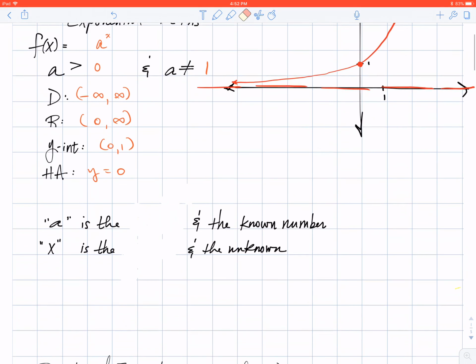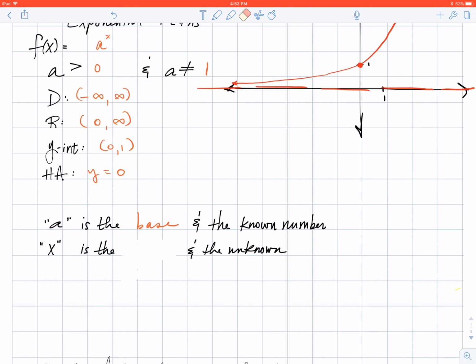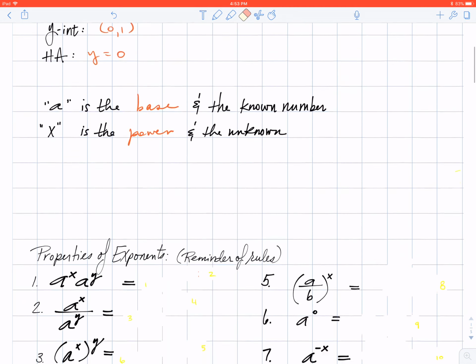That a in our equation is going to be the base, and this is the number that we're actually going to know. So what you're going to be seeing as you graph these are things like y equals 10 to the x power, or y equals 2 to the x power. You're always going to know what that a value is. But the x is going to be the exponent or the power, and you won't know that. That's going to be our normal variable that we've always had.